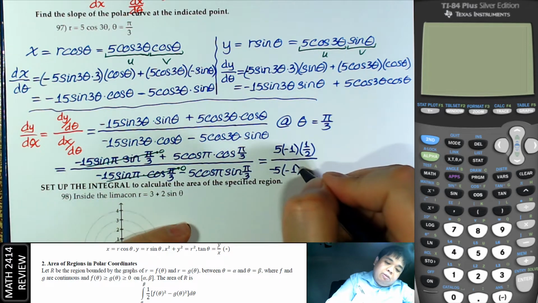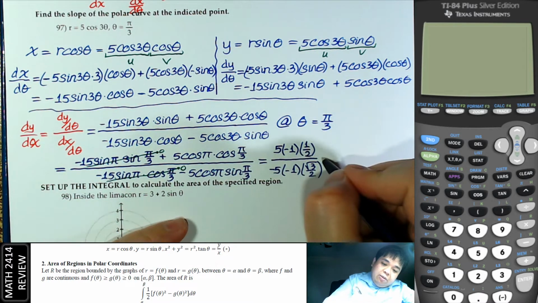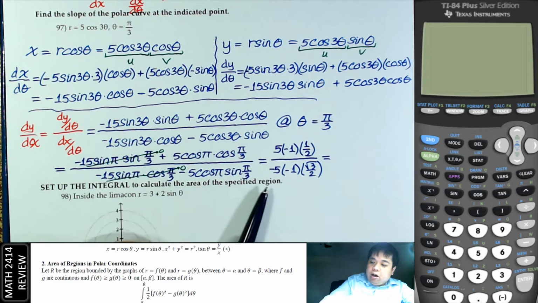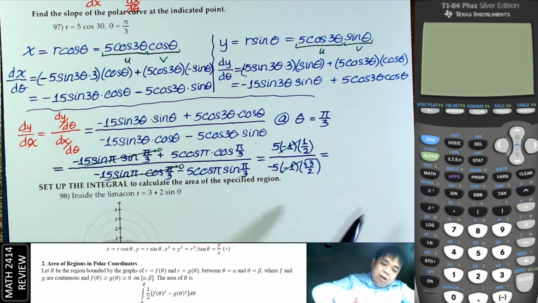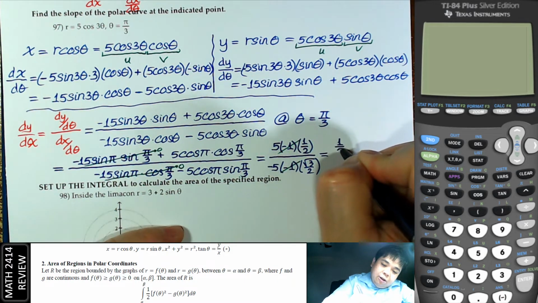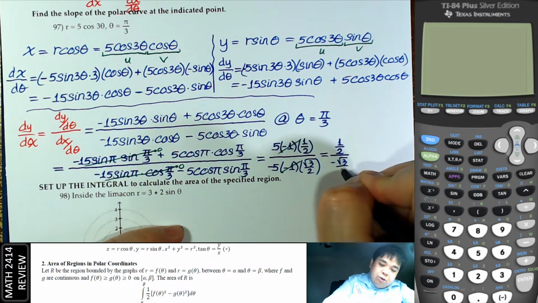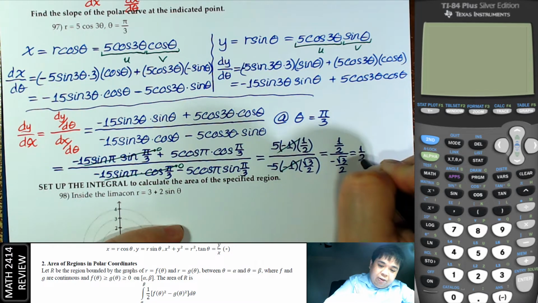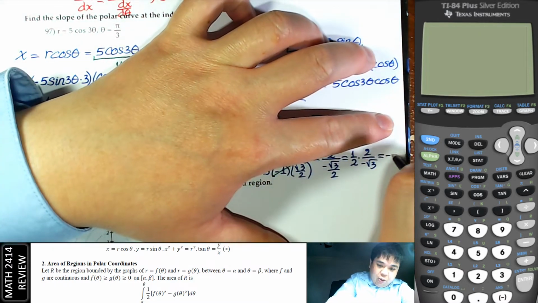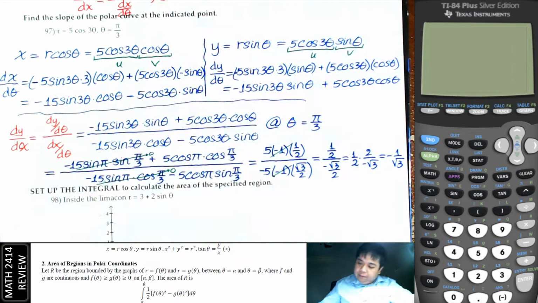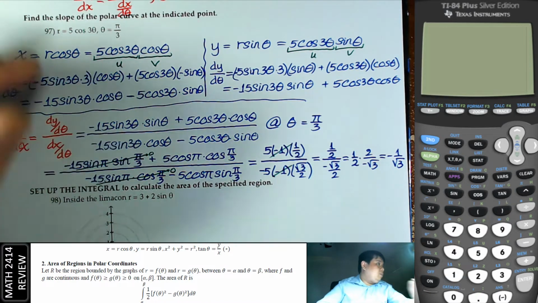And sine of pi over 3 is square root of 3 over 2. Cancel everything. -1 and -1 cancel out. 5 and 5 cancel out. We have 1/2 over negative square root of 3 over 2. Multiply by the reciprocal. So we have -1 over square root of 3. Right, so that's what we have.